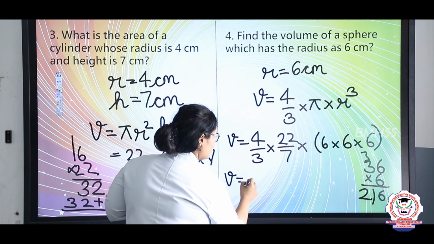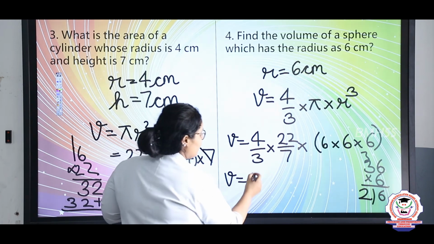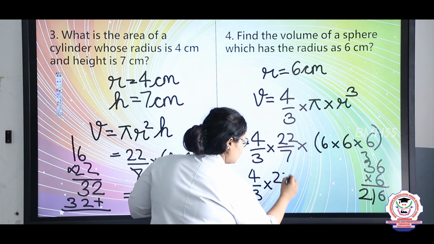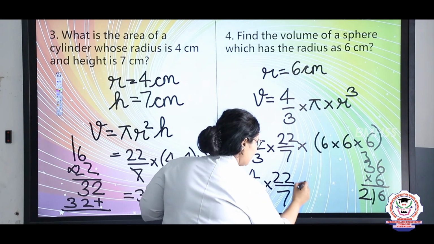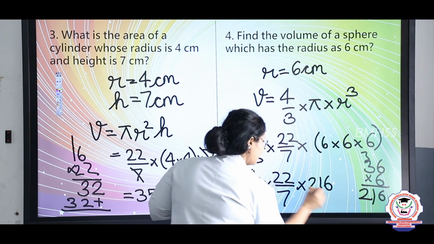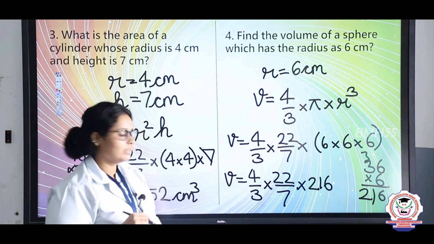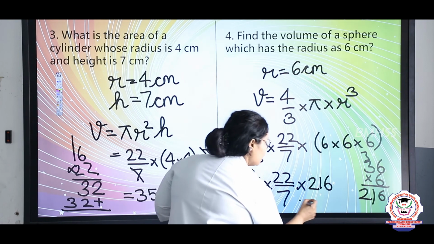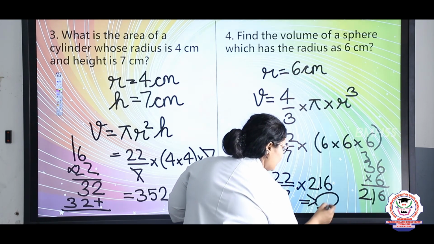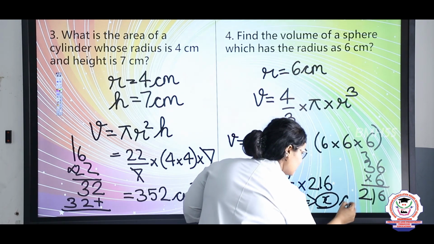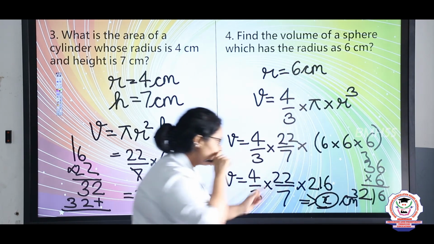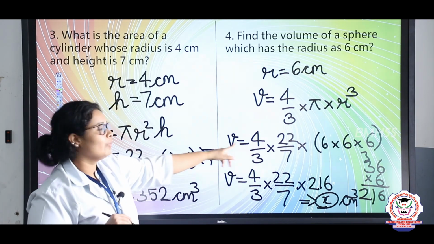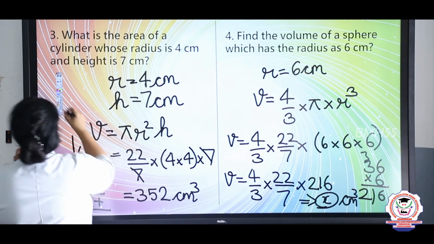V is equal to, here we can do it 4 by 3 multiply by 22 by 7 multiply by 216. So here 216 is coming. Now when you are doing the simplification of this, you will get a value. So that value will be x centimeter cube. Right students, now I have given you a task. You have to tell me what is the volume of this sphere, right?